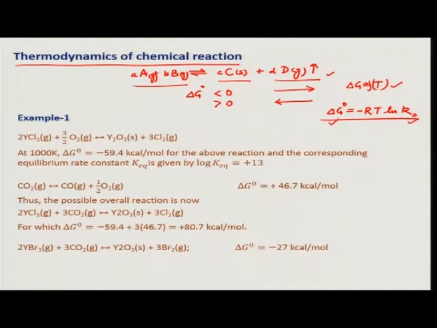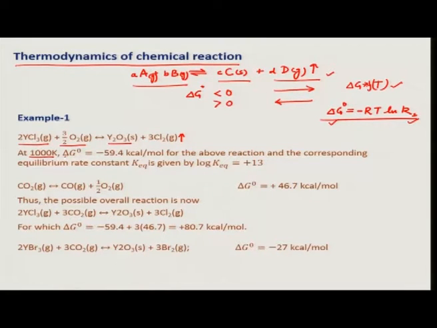Now, let us take an example of deposition of yttria using these two gases, yttrium chloride and oxygen. If you react at around 1000 Kelvin, you will get yttria, Y2O3, which is solid, forms a thin film, and chlorine is the byproduct. So, you can use this reaction to design your thin film deposition process.